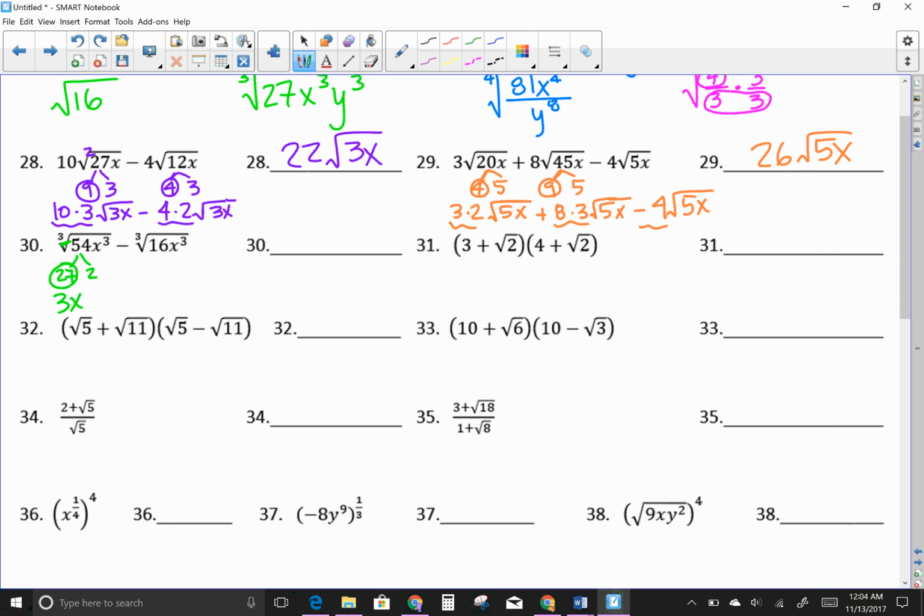So 3x times the cube root of 2. 16 is 8, which is the perfect cube, times 2. So that leaves me 2x cube roots of 2. Well, 3x minus 2x is just x. So that's x cube roots of 2.